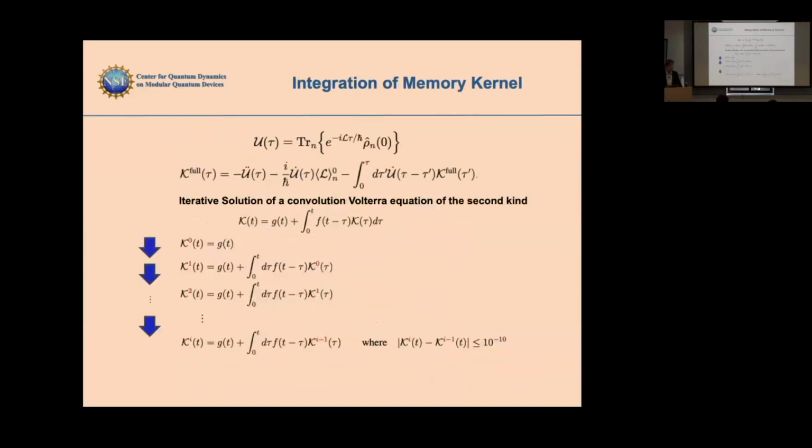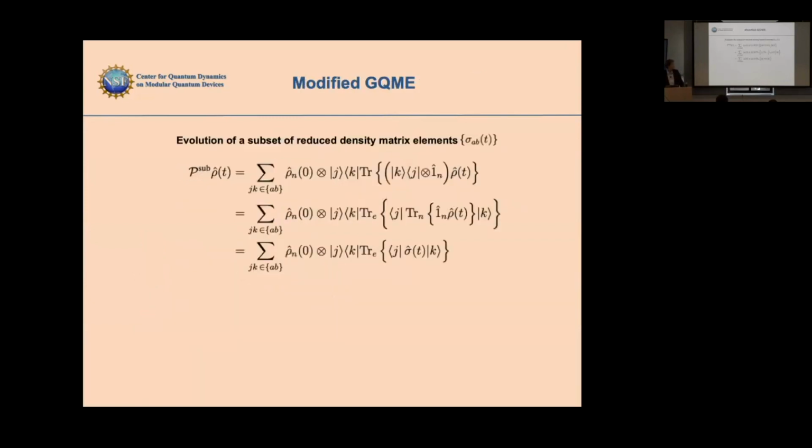So with this in hand, as was mentioned yesterday, once you have this equation of motion, one obtains the kernel in the first step, and then with the first kernel, you obtain the second one, and so on and so forth. So it's a mapping that allows you to obtain all of the memory kernels.